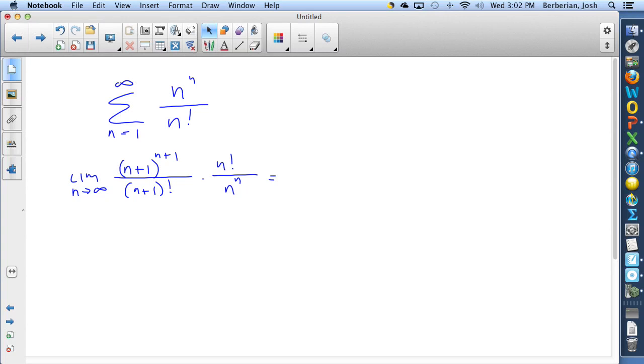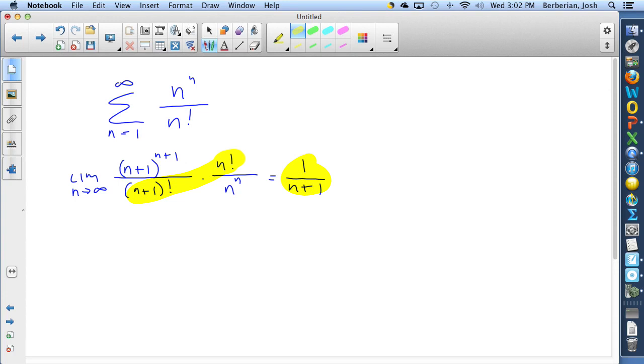All right, all right. So n factorial is n times n minus 1, and so on. N plus 1 factorial is n plus 1 times n minus 1. Do you see how everything's going to cancel here? Should it just be n factorial? I totally forget how factorials work.